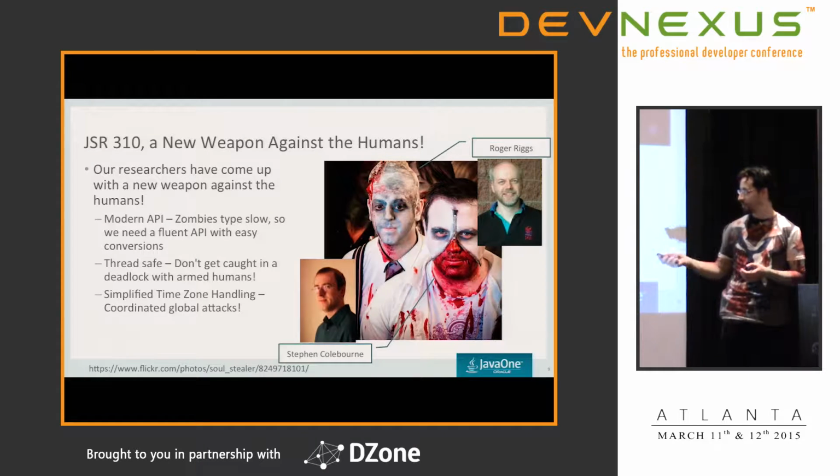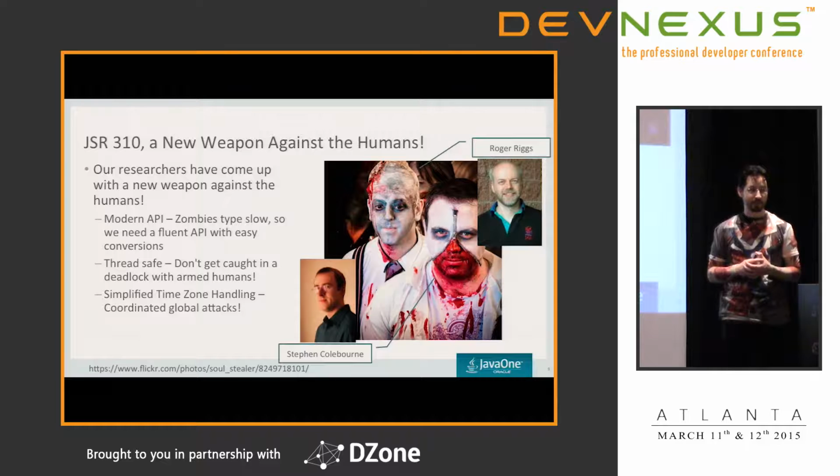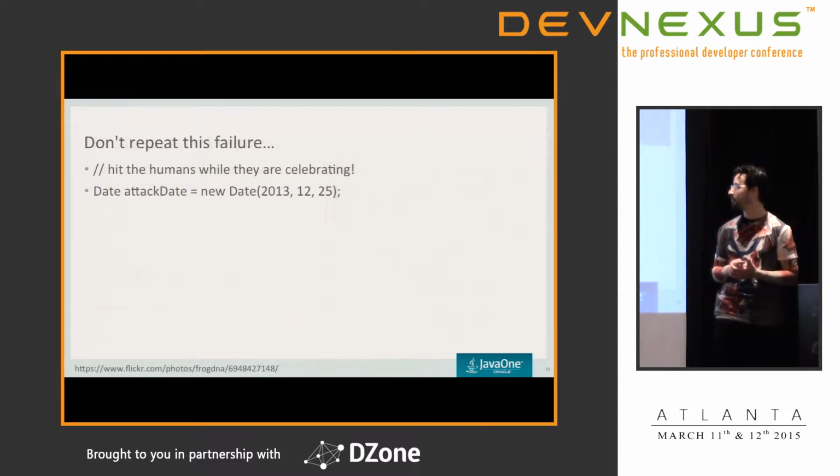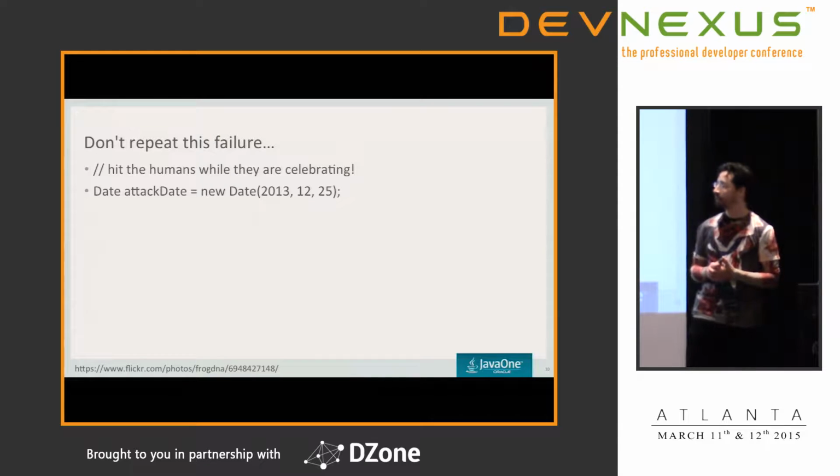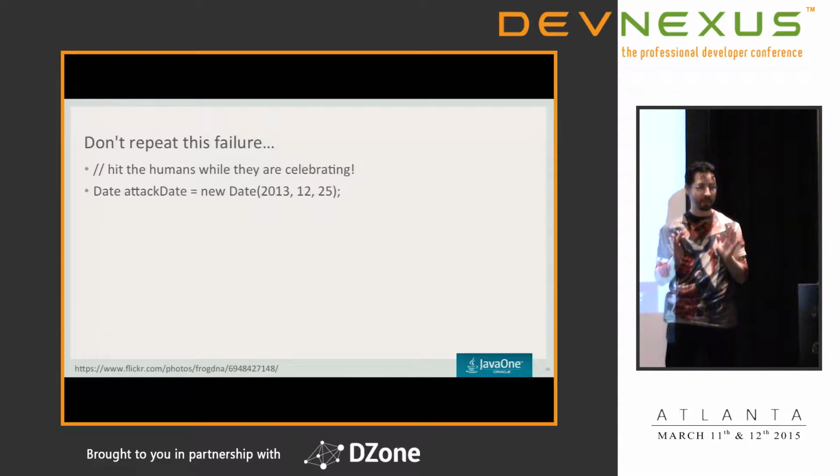So, thread safety, very important. And to coordinate our global attacks, because zombies are worldwide, we own the world, we need proper time zone handling so we don't have mistakes in our assault. And we're going to try not to repeat this failure with the old date and time APIs.